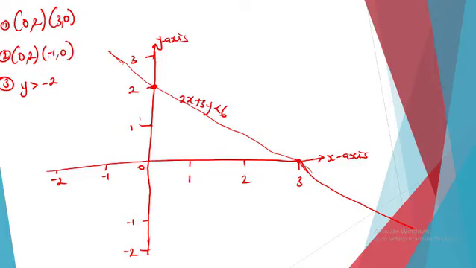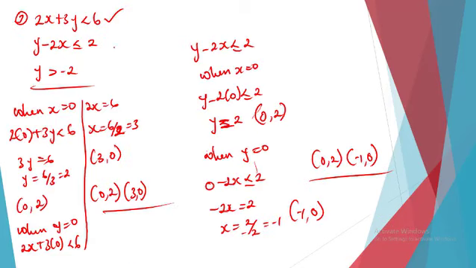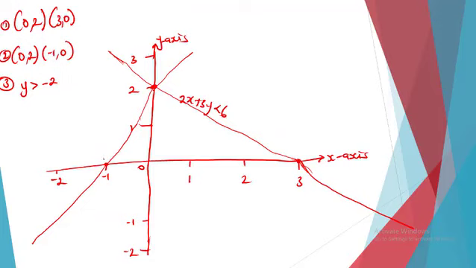And then when y is 0, x is minus 1, which is here. Then we'll draw it and join them together. Okay, and the equation that has that is y minus 2x is less than or equal to 2.